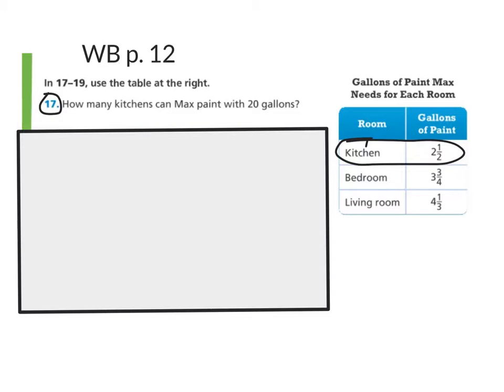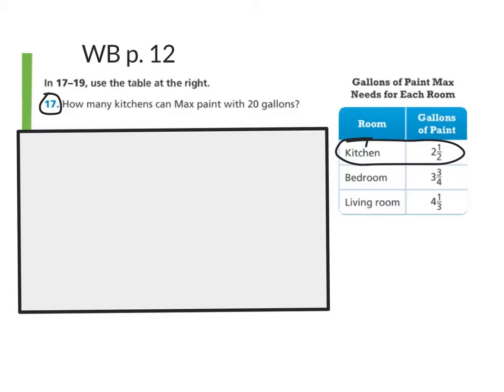So what we need to think about, obviously this problem's in a division section. Our goal is that in real life, we're not necessarily even just working in a section of a math book. We're out painting kitchens, and we're thinking about, if I've got 20 gallons of paint, how many of these kitchens am I going to be able to paint with this amount of paint that I've got?